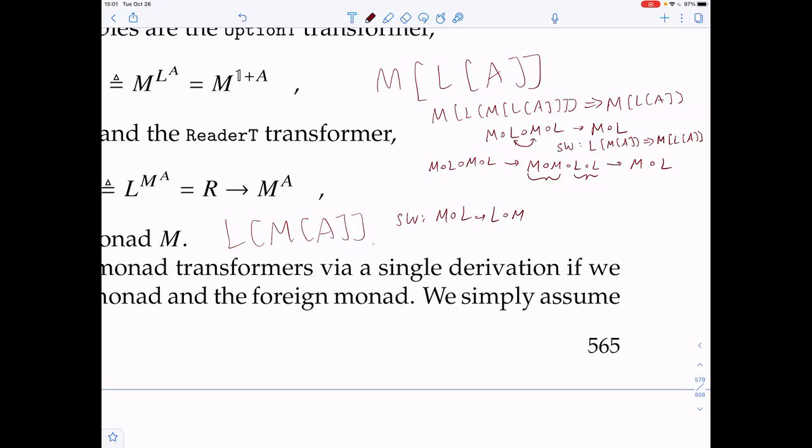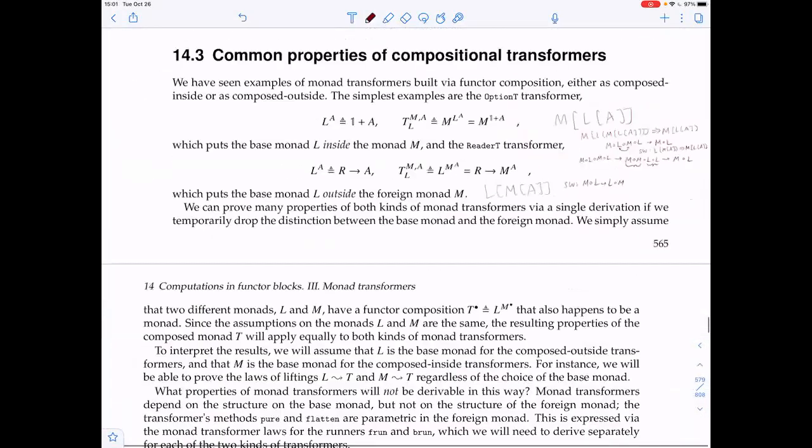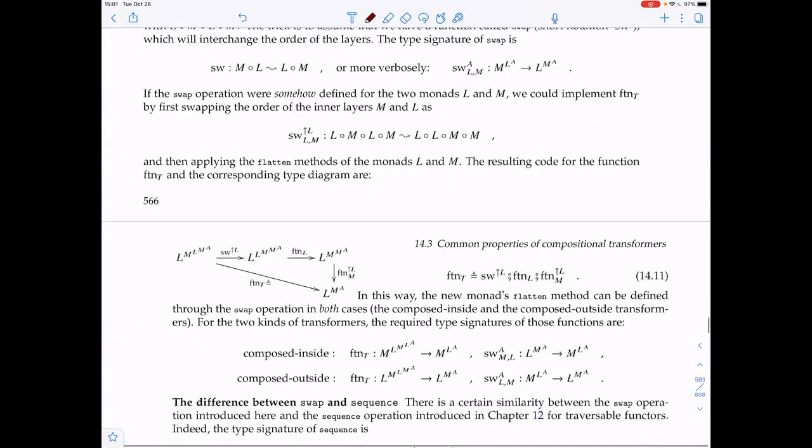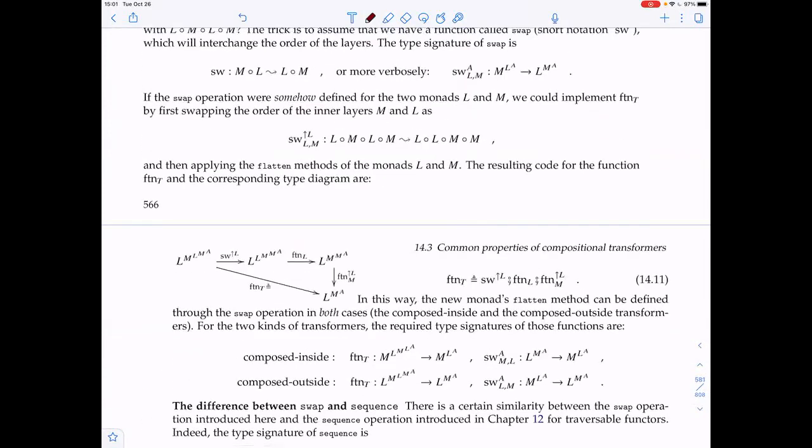So the swap function, in addition, needs to satisfy certain laws. This will be then necessary to prove that the result is a monad with correct laws.